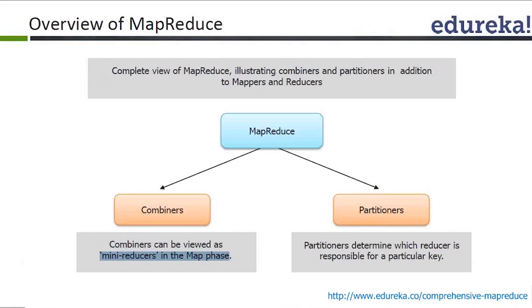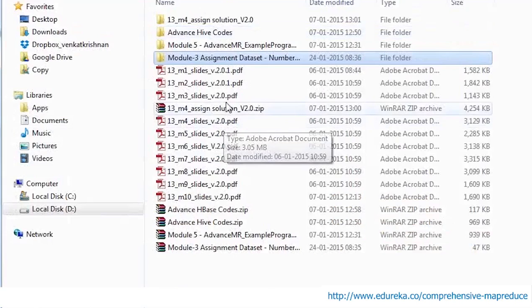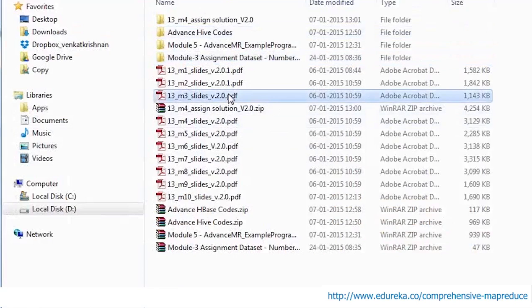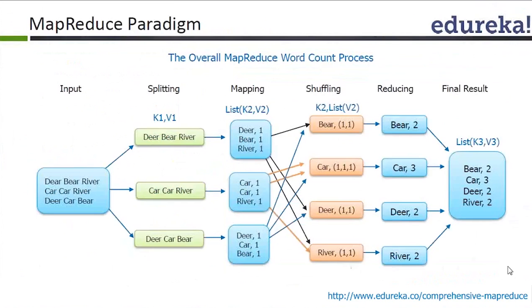Okay. So let me go back to the earlier PDF file, module number 3 that we ran last time. Let me go down to the Deer Beer River example so that it becomes very clear for you. What are we doing? So, if you look at this, what are we doing in our mapper?